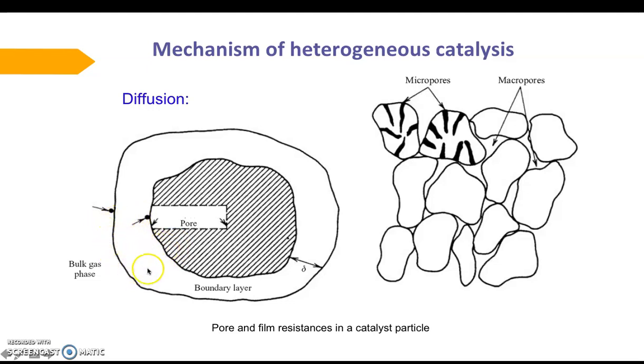This is what we call the boundary layer. If you remember when you learned mass transfer and heat transfer, there's a film that is a resistance to the heat or mass transfer. We call it the boundary layer. So the thicker the boundary layer, the more resistant it is, right?